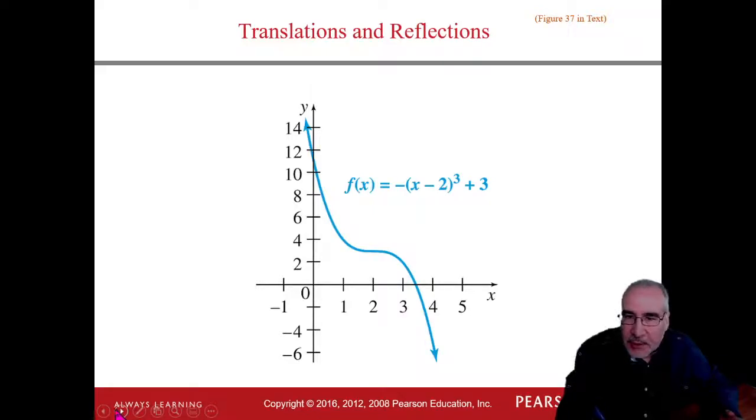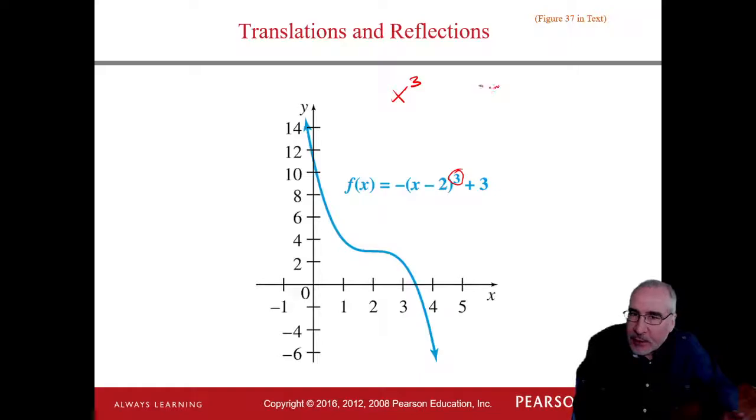Translations and reflections, we have talked about these. Now as we get into calculus, these are not as big of a deal, but let's just explain what's going on. This is going to behave, notice the graph overall is like an x to the third graph, because of this. What's happening is we've got some addition, subtraction, adding of a negative, whatever you want to think of it, inside the function.